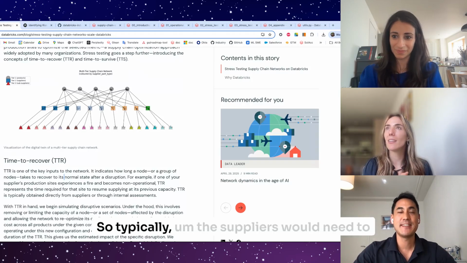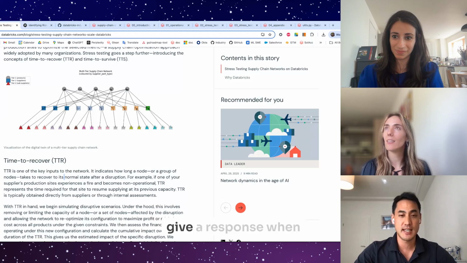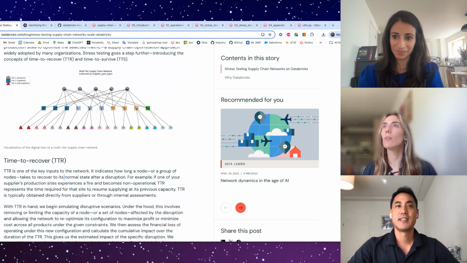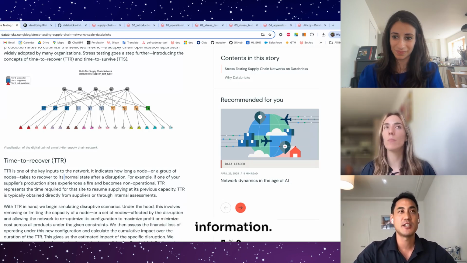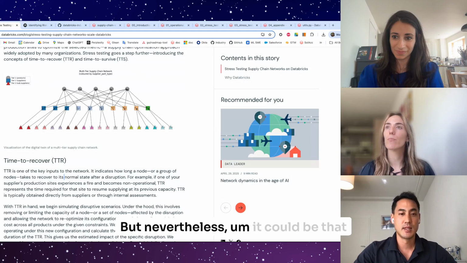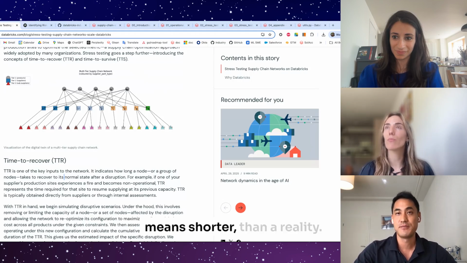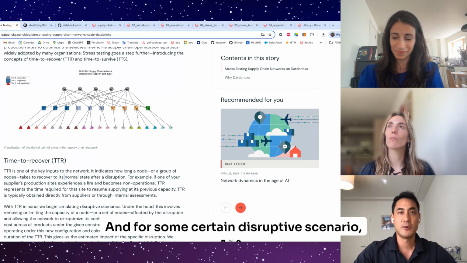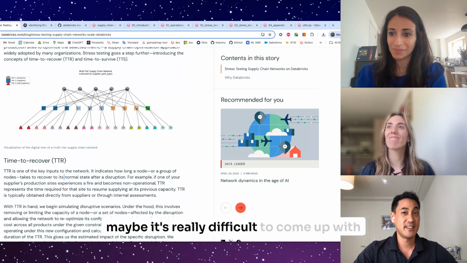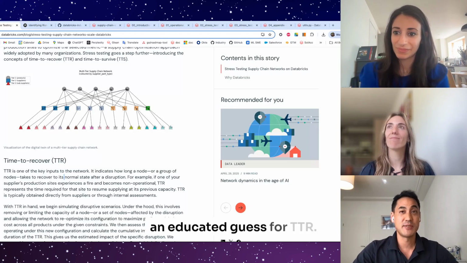So typically, the suppliers would need to give a response when your company is asking for that information. But nevertheless, it could be that a supplier gives you a more optimistic TTR, which means shorter, than reality. And for some certain disruptive scenarios, maybe it's really difficult to come up with an educated guess for TTR.